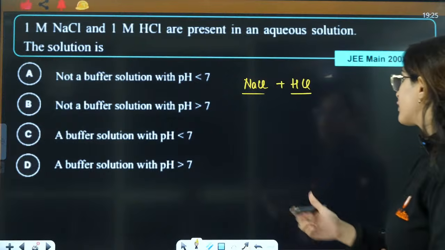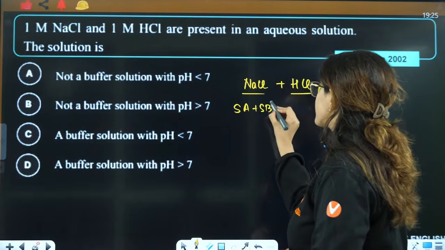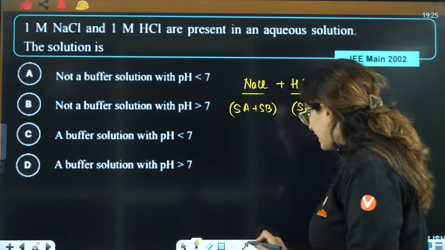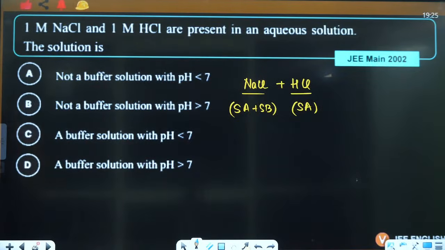And this is a strong acid and strong base salt. This is a strong acid. Can you see if this is in any condition of buffer or not? Do let me know if it is in any condition of buffer.